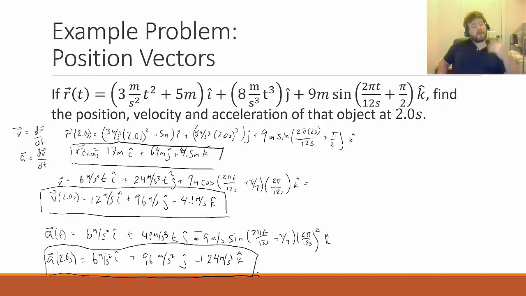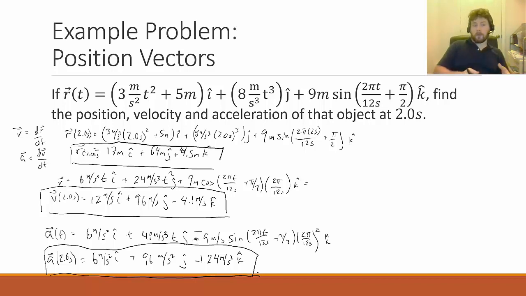Similarly, you can go the other direction. I could have given acceleration versus time, and then you'd have to start integrating. Now, you would get a constant of integration each time, so each of the components would have an extra plus constant, which you would have to determine by knowing the value of the function at some time. So say if you had acceleration and you said, I know that at 3 seconds my velocity vector equals something I hat plus something j hat plus something k hat.